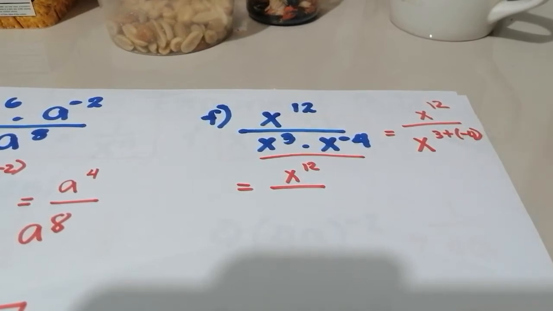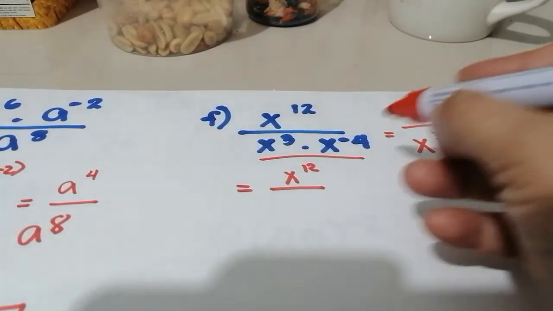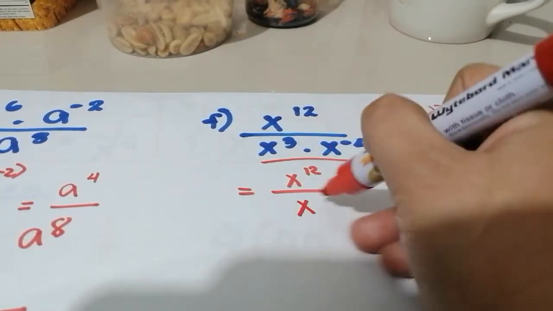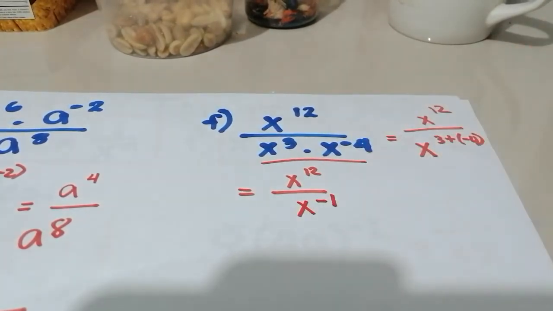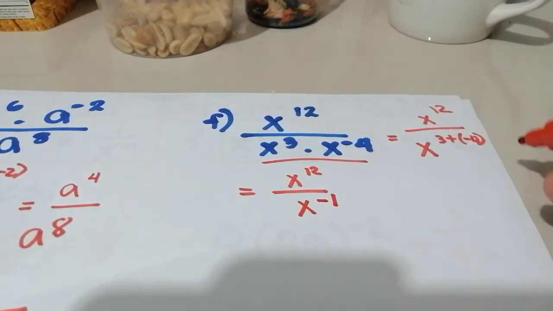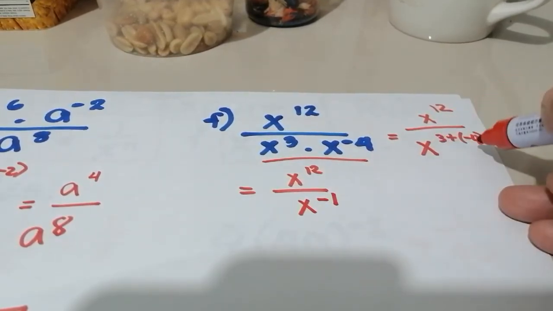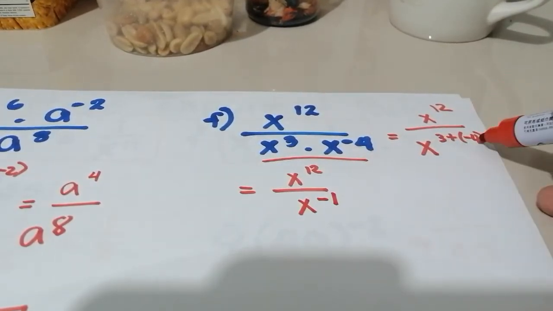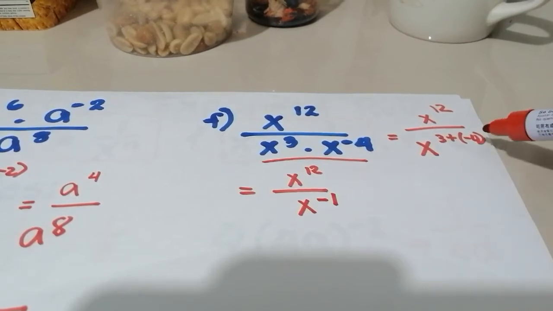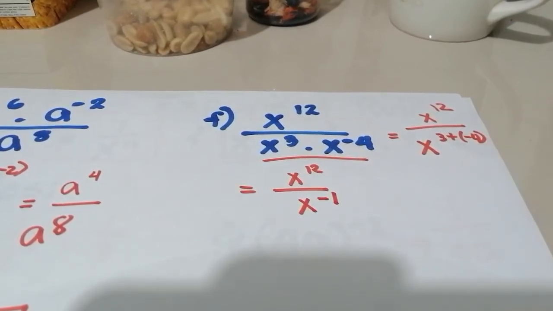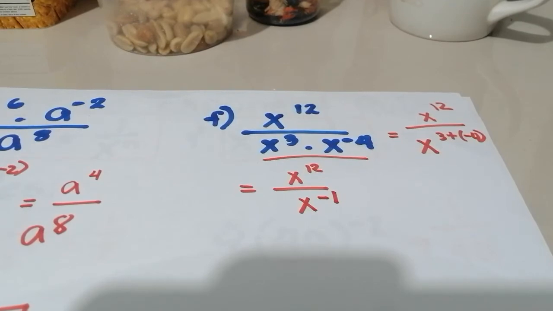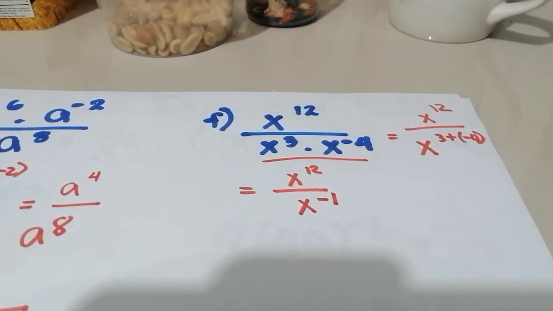Okay, so ang mangyayari dito, that will be x to the negative 1. Why? Because when we are subtracting 4 minus 3, it's 1, but the sign of the exponent for here is negative, so we need to copy the sign of the bigger number.